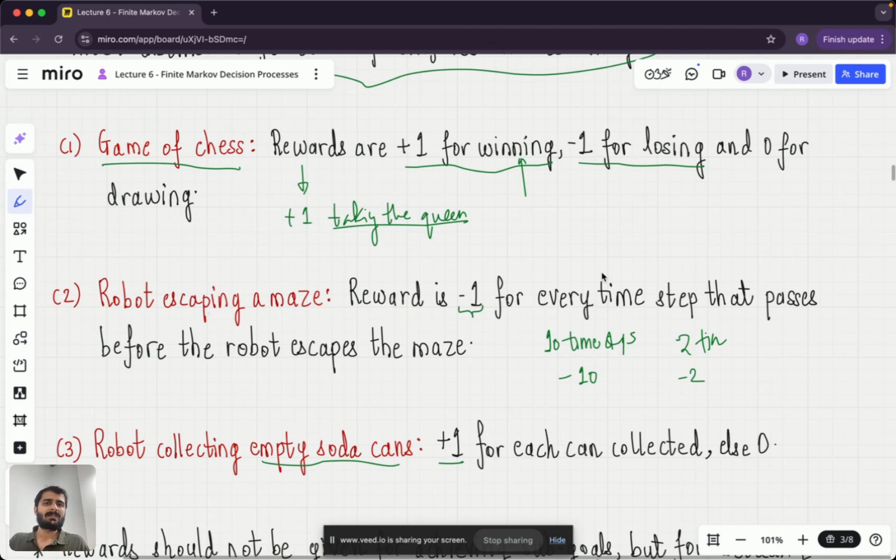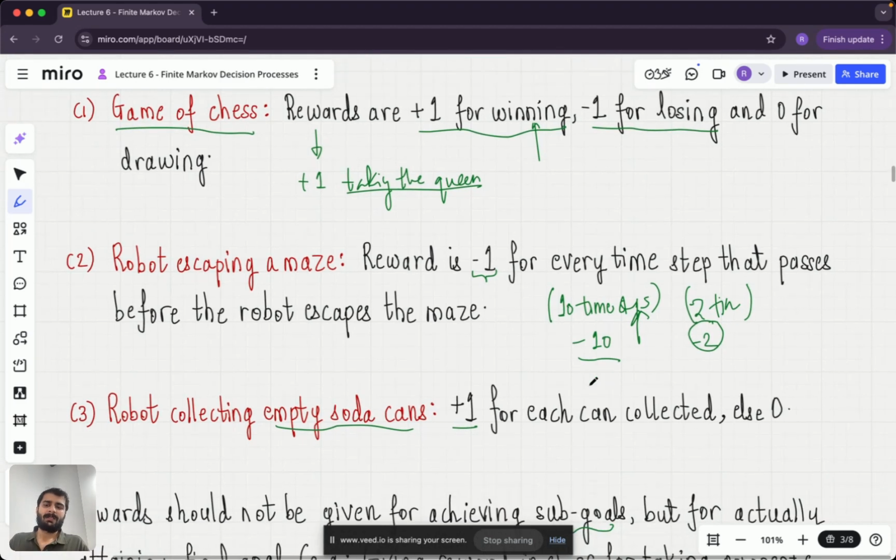So the agent will try to escape the maze very fast so as to get the maximum reward in the long run. For example, if the agent takes 10 time steps to escape, then the reward is minus 10. Whereas if the agent takes 2 time steps to escape, then the reward is minus 2. This means that the agent is going to reduce the number of time steps it takes to escape so that the reward increases.